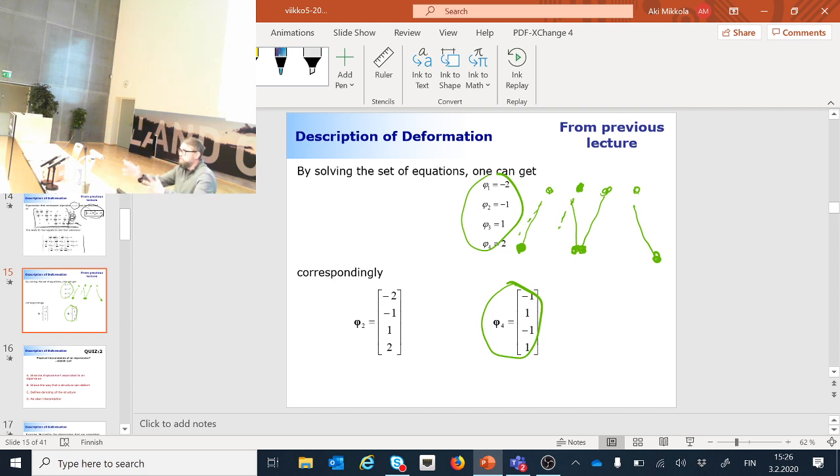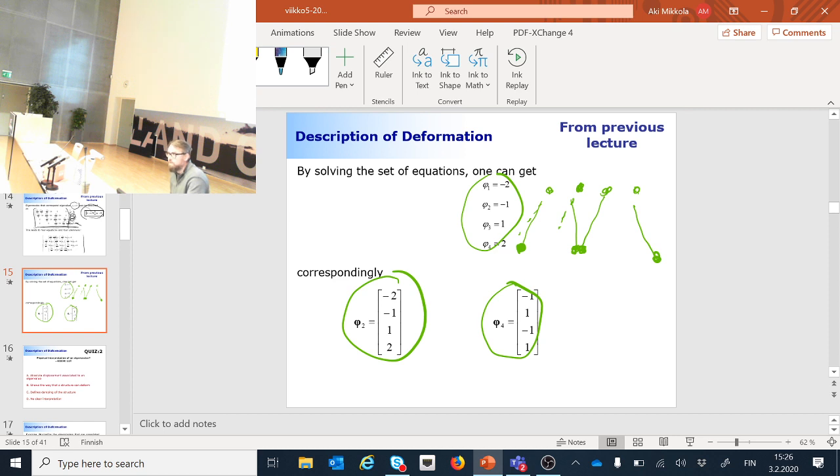Now, if I asked you what is the physical interpretation of an eigenvector, do you know the answer? How the system is deformed? Yeah. Okay, so others, can I ask this?